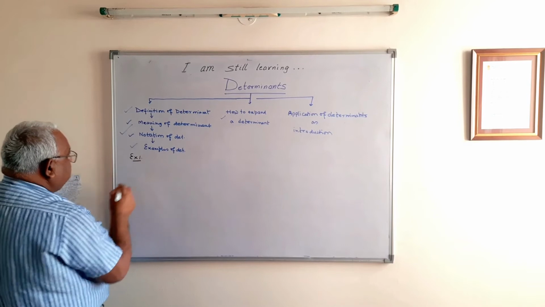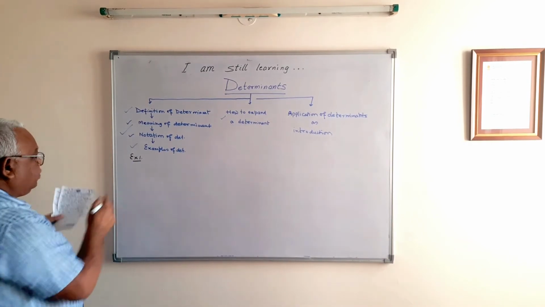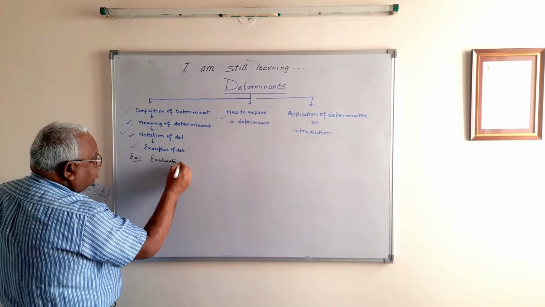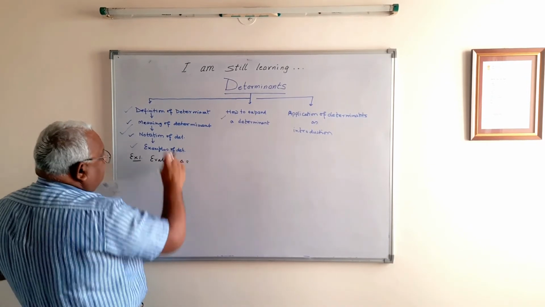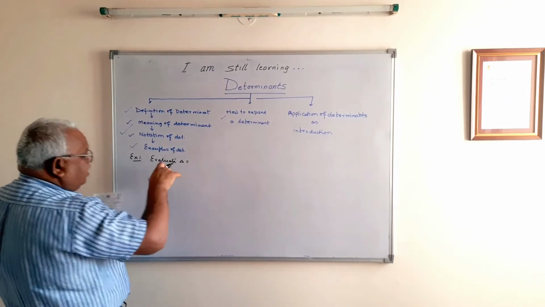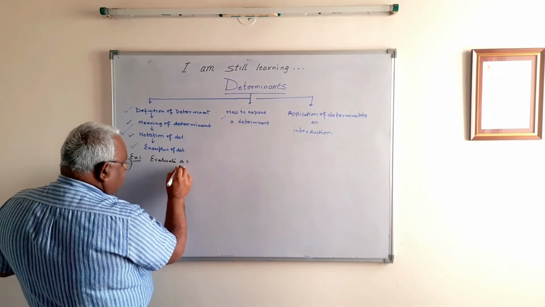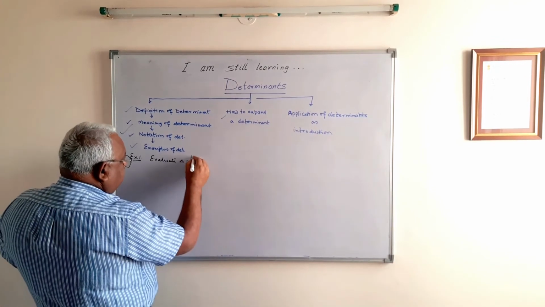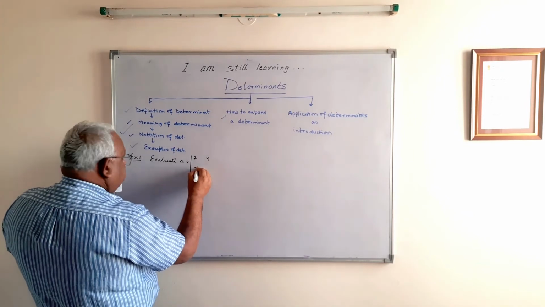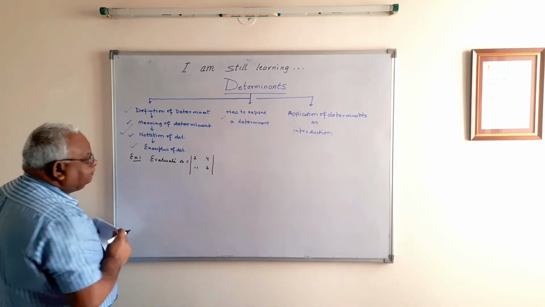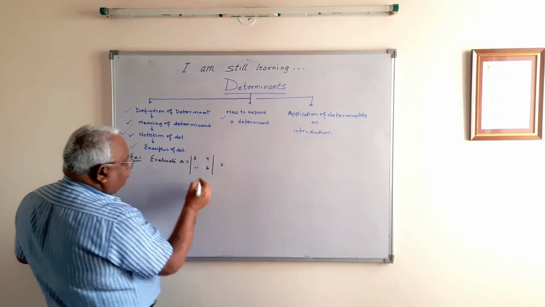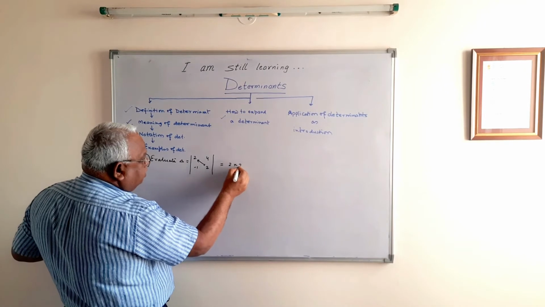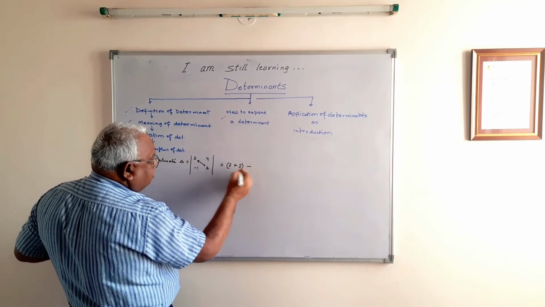So example 1: evaluate delta. This is a sign of determinant itself. You need not write the matrix and then it. So this is a sign used for determinant. 2, 4, minus 1, 2. So what is this? Multiply the elements on the main diagonal, then the minus operational sign.